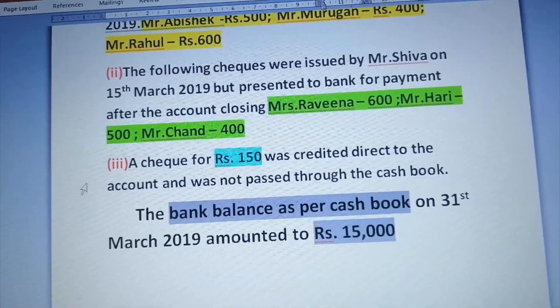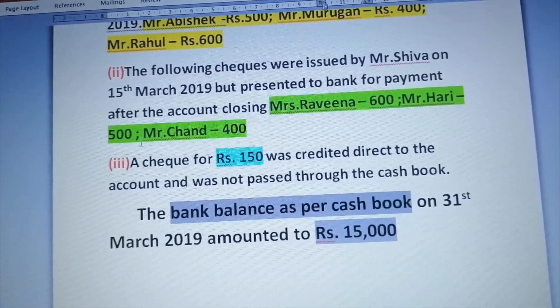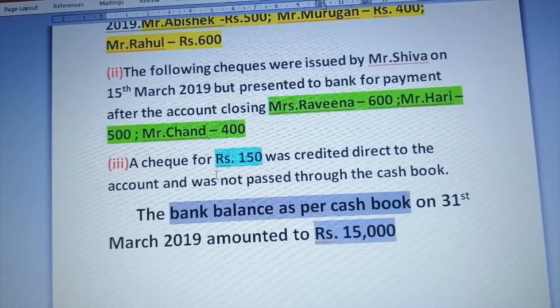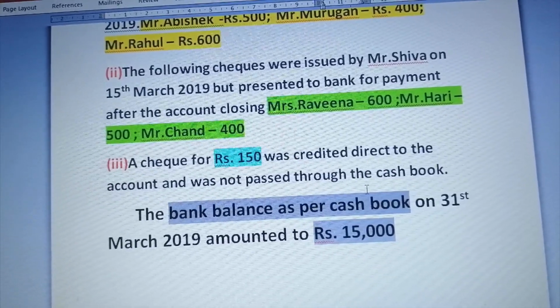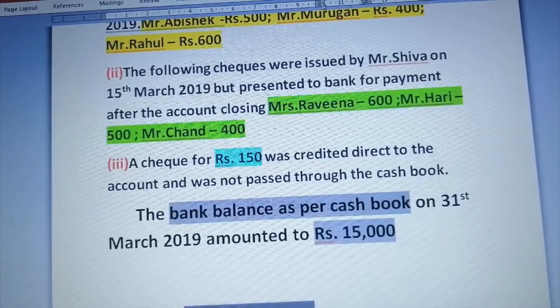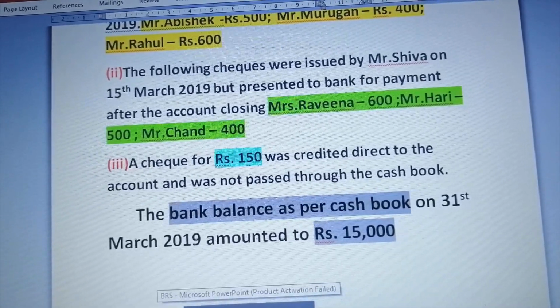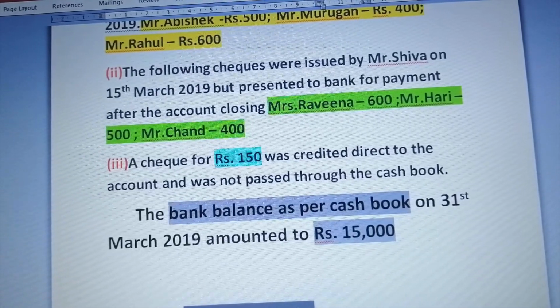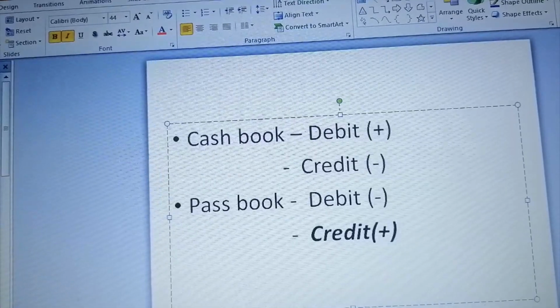Let's see the third transaction now. A check for rupees 150 was credited directly to the account and was not passed through cash book. See here, when a check is credited to passbook, his account means it is entered in his passbook. What will happen? Already we discussed.